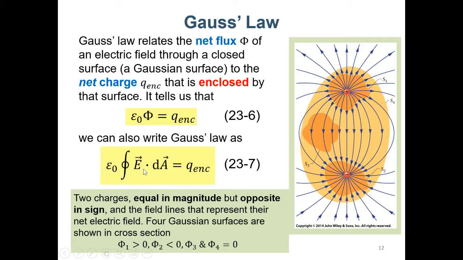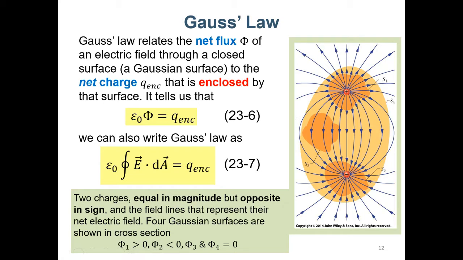This is the Gaussian integration of the E field with respect to a closed surface. Closed surface means there's no hole on it, roughly speaking, and we only consider the charge enclosed by this Gaussian surface.